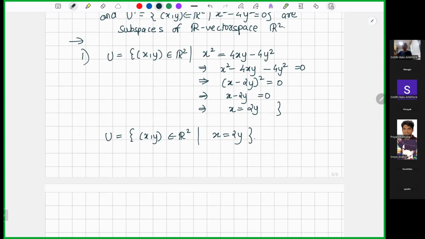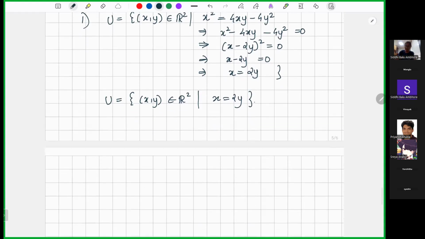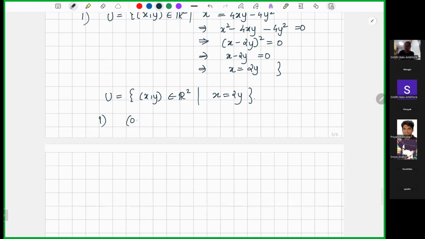Is this clear? We are just simplifying the given condition on the set, so that it will be easier for us to check whether the given subset is a subspace or not. Okay, now we have to check again those three properties. First, check whether 0, 0 belongs to U or not.